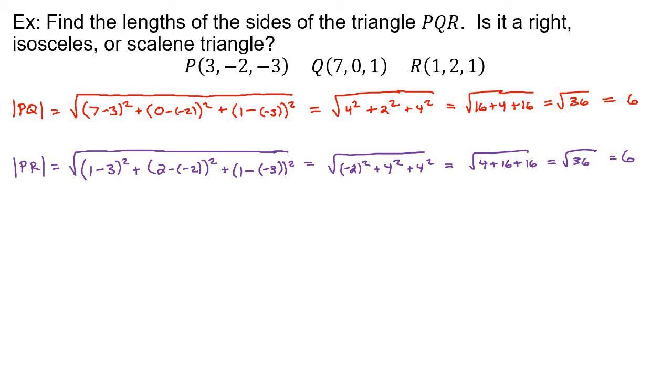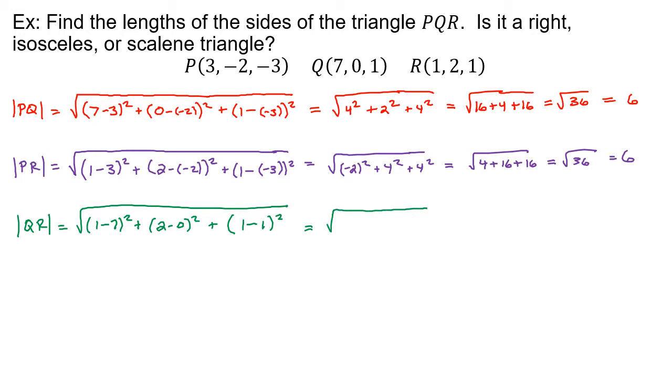And my other one, I have PQ, PR. I need to do QR. And QR would be 1 minus 7 squared, 2 minus 0 squared, and 1 minus 1. Ooh, that's kind of ironic. 1 minus 1 squared.